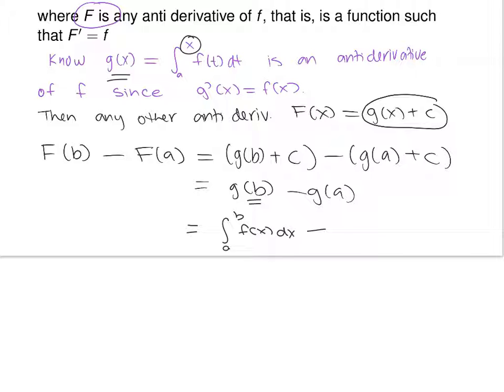How about G of A? That one is 0, because you integrate from A to A, f of t dt. So the second piece is 0, right? So we just have the integral from A to B, f of t dt.